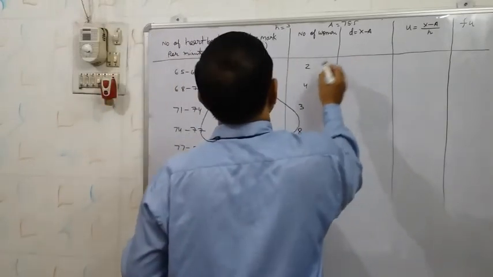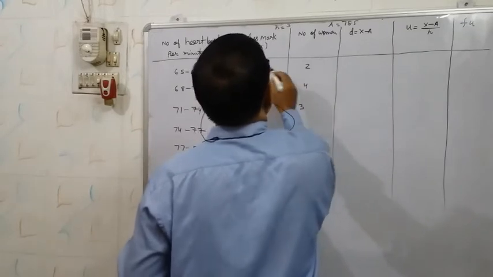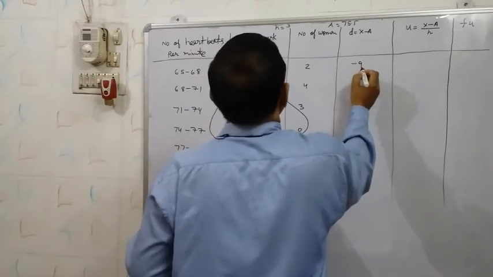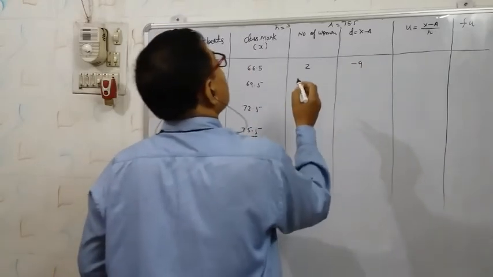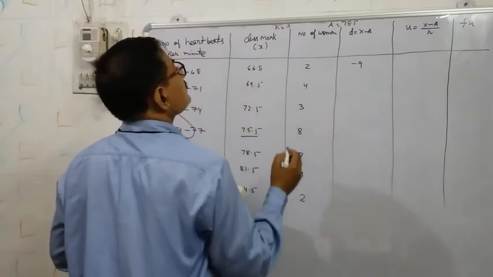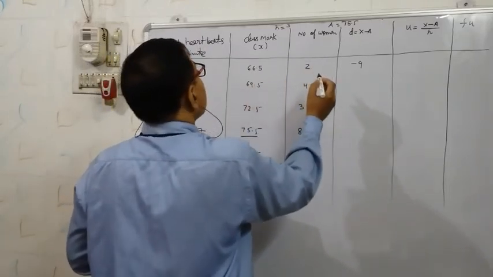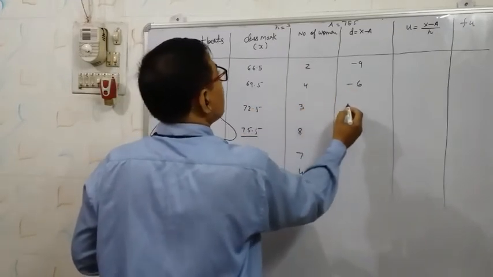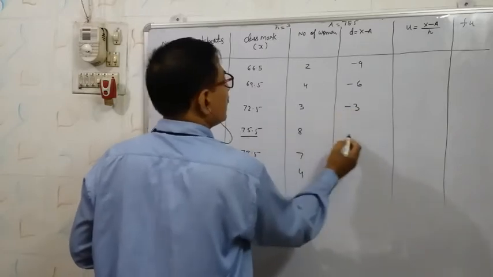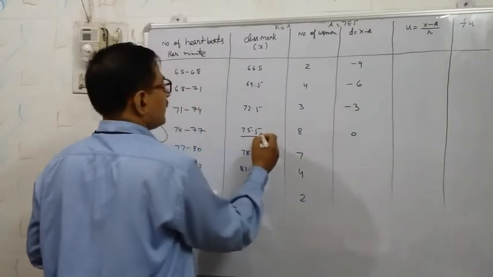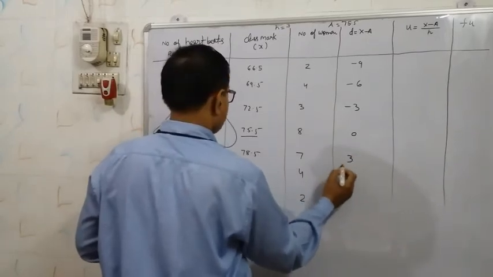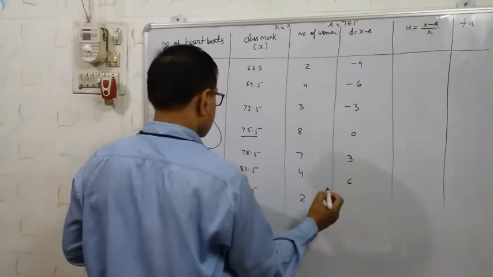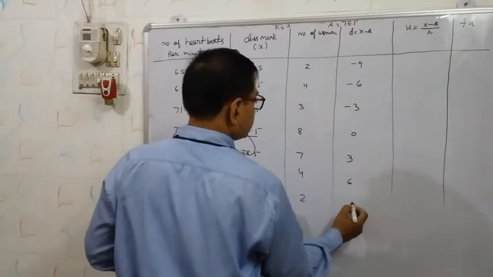So we have to find d as x minus a. What is x? 66.5 minus a, which is 75.5. If we subtract, it comes to minus 9. Then next, 69.5 minus 75.5 is minus 6, and 72.5 gives minus 3, and this will be 0. Then 78.5 minus 75.5 is 3, then 6, and then 9.